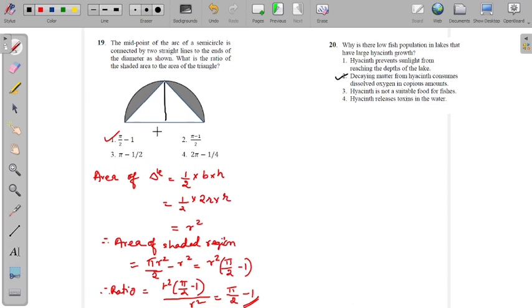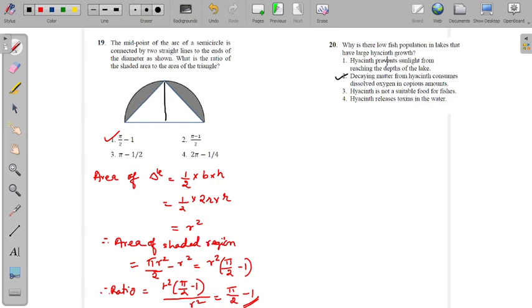Area of shaded region is nothing but from the area of the semicircle, you have to subtract the area of the triangle. Area of semicircle is pi r square by 2, minus r square, the area of the triangle. That gives you r square common, pi by 2 minus 1. Now we want the ratio of shaded area to the area of the triangle. So r square into pi by 2 minus 1 divided by r square, that gives you pi by 2 minus 1. First option is the answer.